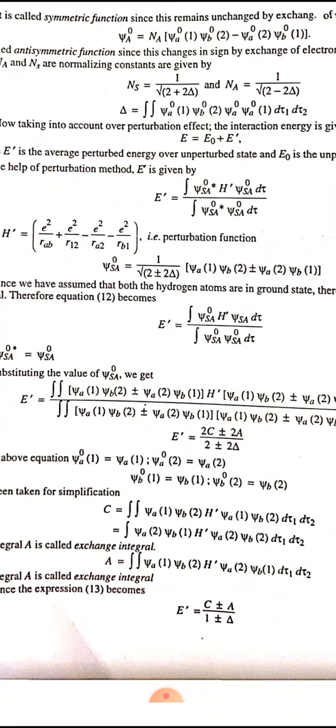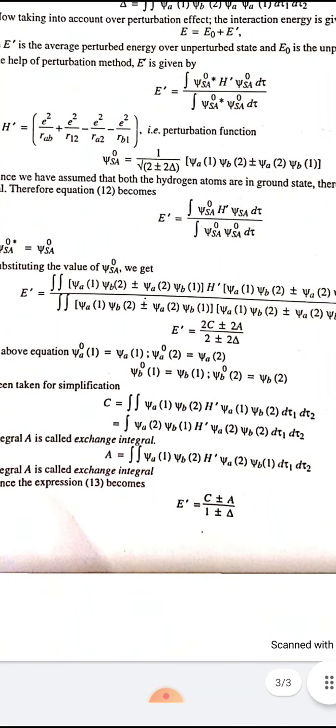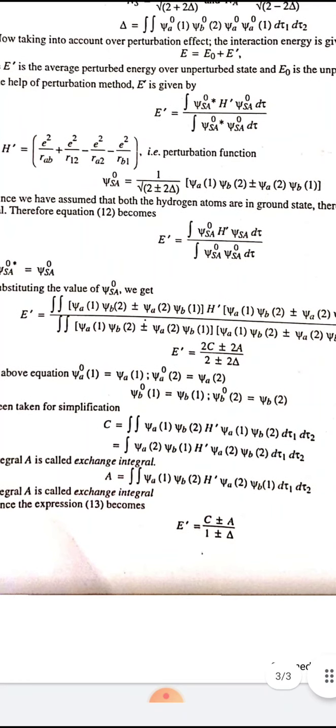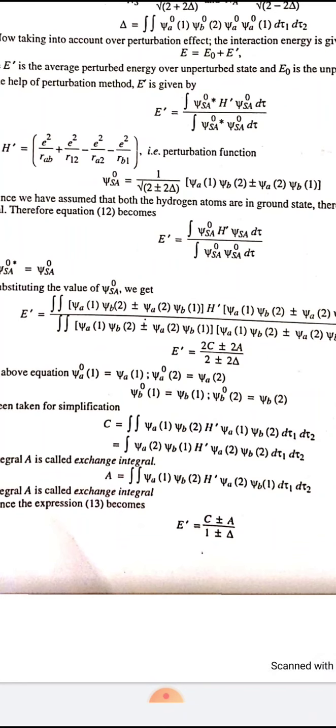Now, taking into account the perturbation effect, the interaction energy is given by E equals E0 plus E dash, where E dash is the average perturbed energy over the unperturbed state and E0 is the unperturbed energy.